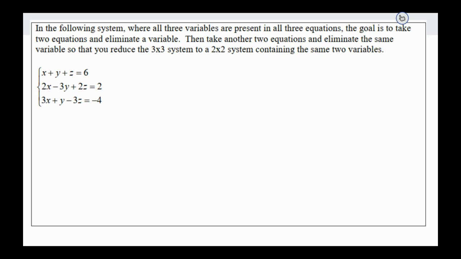Okay? So if I want to use the first two equations to eliminate x, what do I need to multiply that first equation by? -2. I'm going to multiply that first equation by -2.